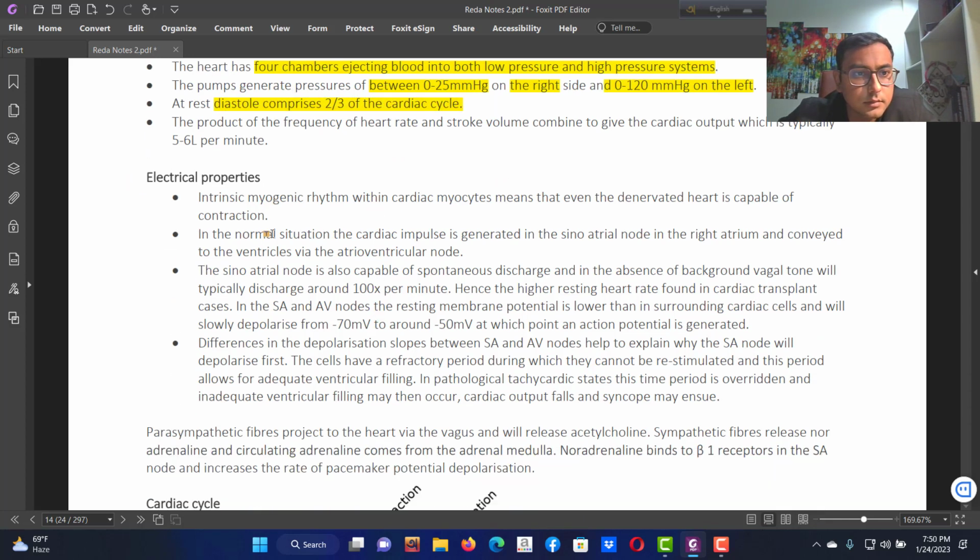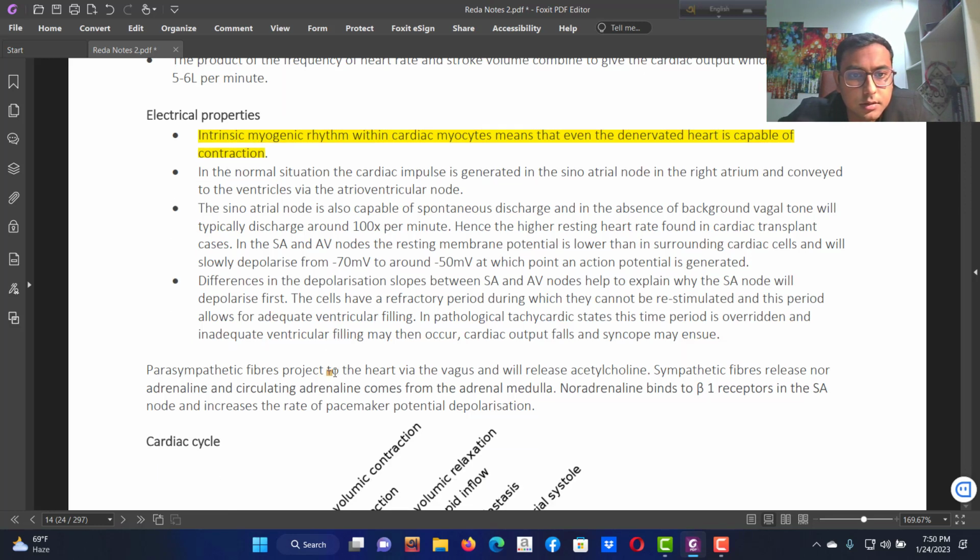Now the cardiac properties: there is an intrinsic myogenic rhythm within the cardiac myocytes, meaning even the denervated heart is capable of contractions. In the normal situation, the cardiac impulse is generated in the sinoatrial node in the right atrium and conveyed to the ventricle by the atrioventricular node.